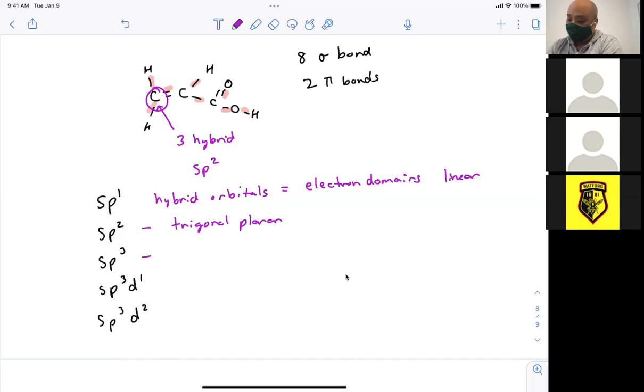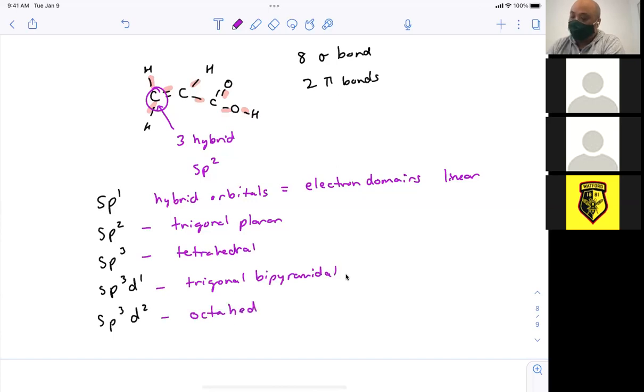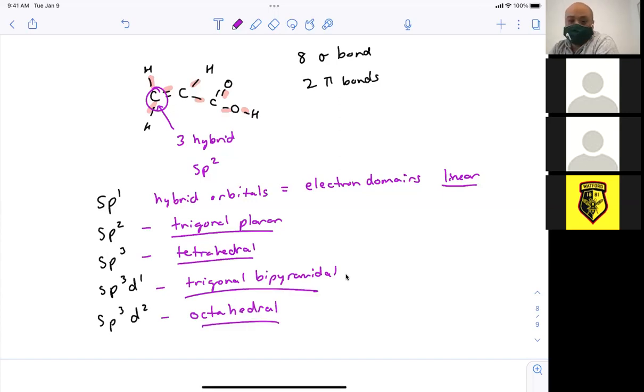If it's sp3, that's tetrahedral. If it's 5, then it's trigonal bipyramidal. And if it's 6, it's octahedral. So you do need to understand that hybridizations lead to VSEPR shapes, and those are the 5 shapes that it leads to. So the number of hybrid orbitals is the same as the electron domains, which means you can figure out the electronic geometries based on the hybridization.